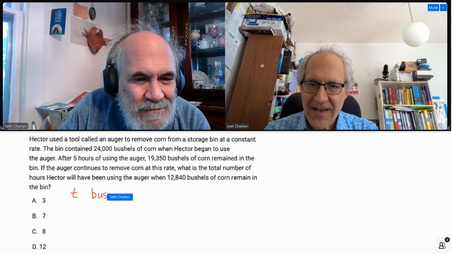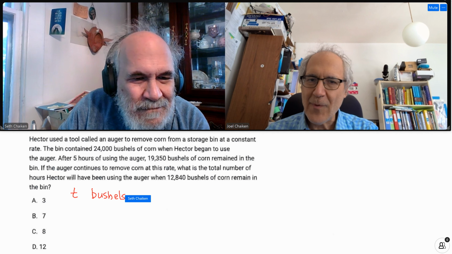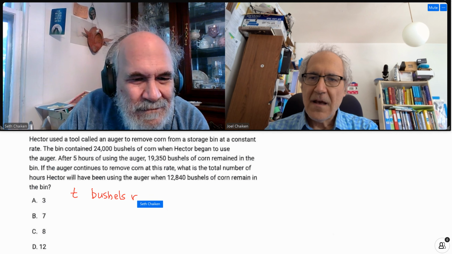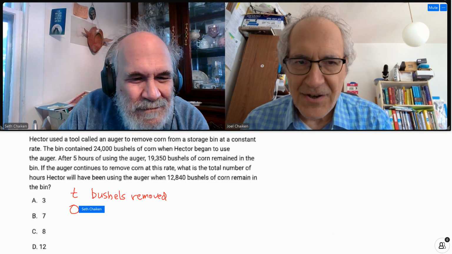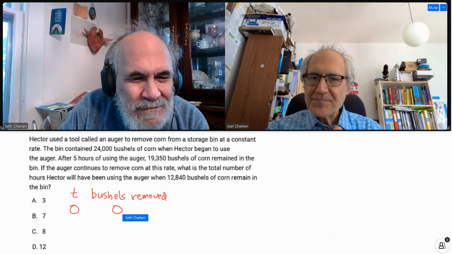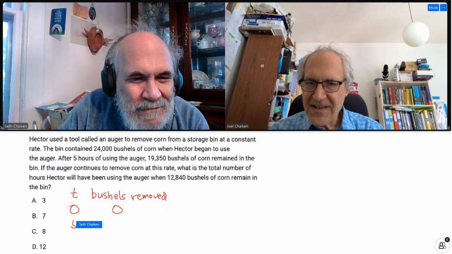Unlike yesterday, it doesn't seem like a pattern would be the way to go on this. T bushels removed. Okay, so this is a linear equation word problem with a little bit of a twist. Things are going down.